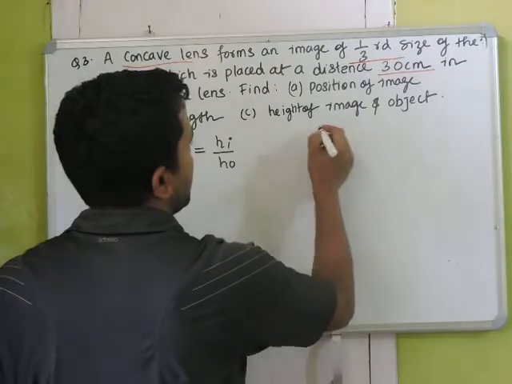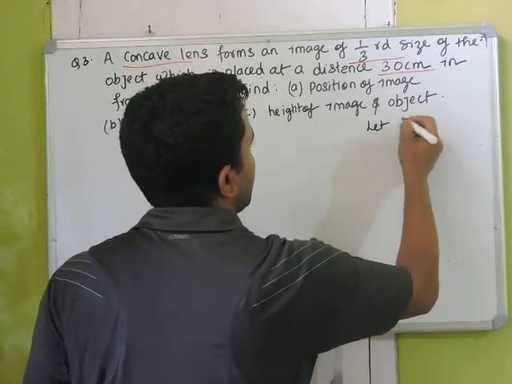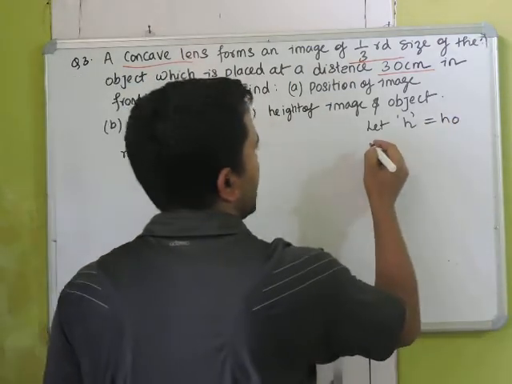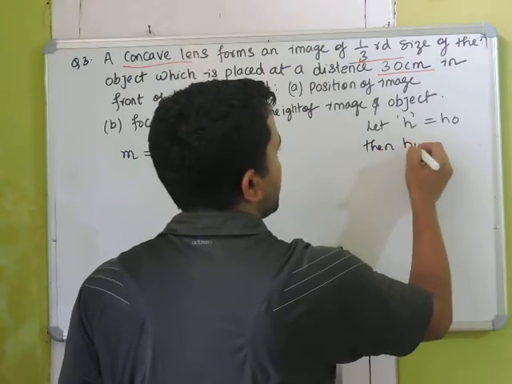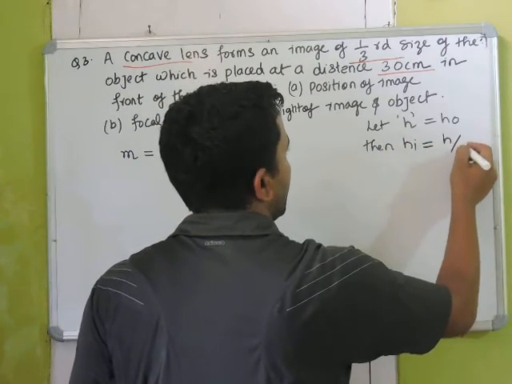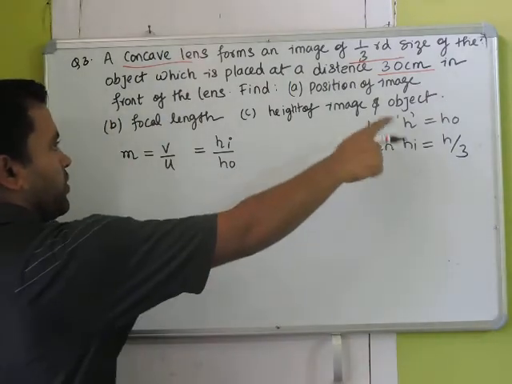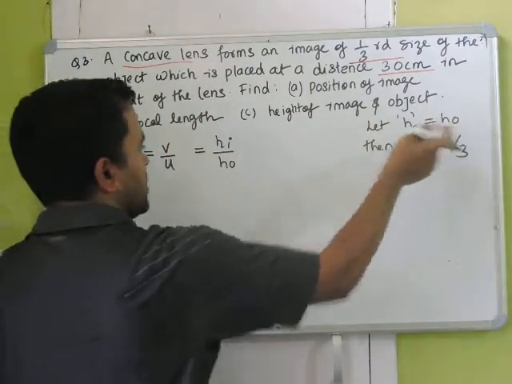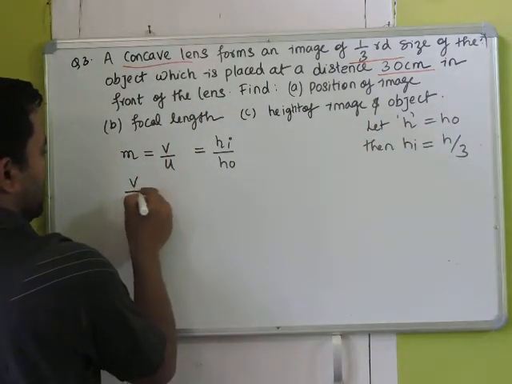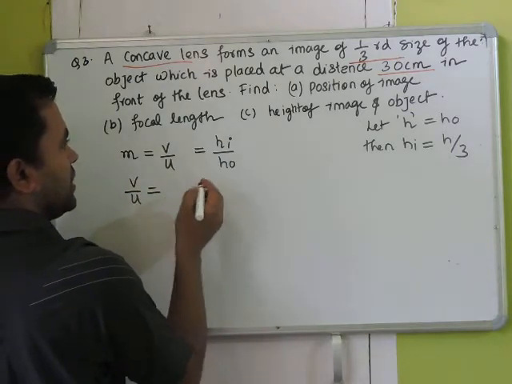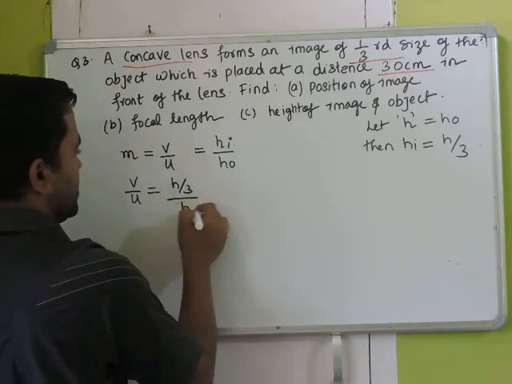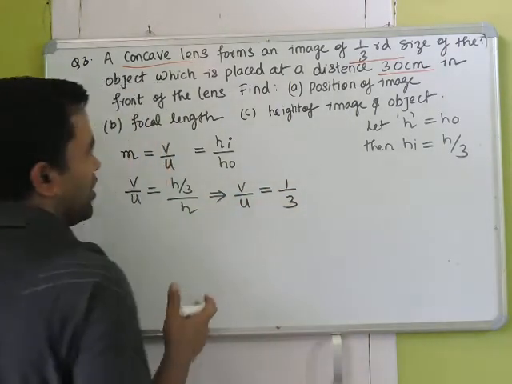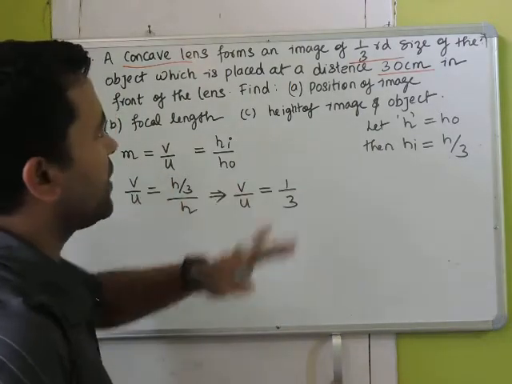So let h be the height of the object, then according to the question hi will be h by 3, right? So I will get v by u equal to h by 3 over h, and we'll get v by u equal to 1 by 3, or otherwise I could have directly written m to be 1 by 3.